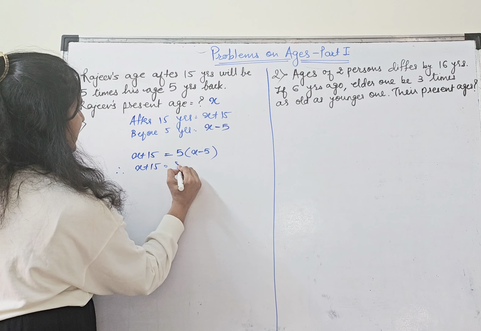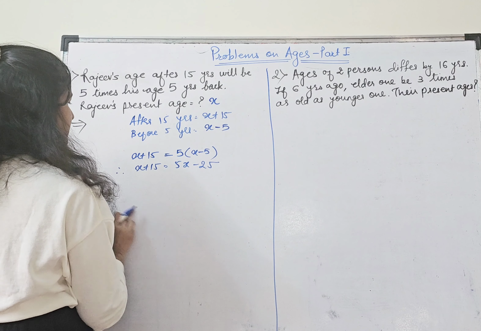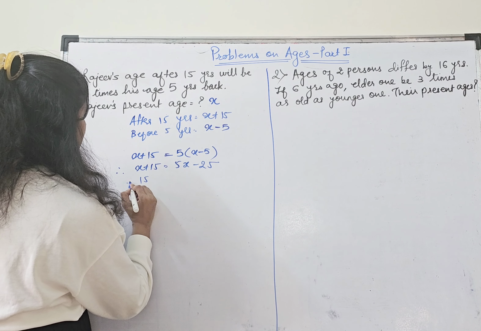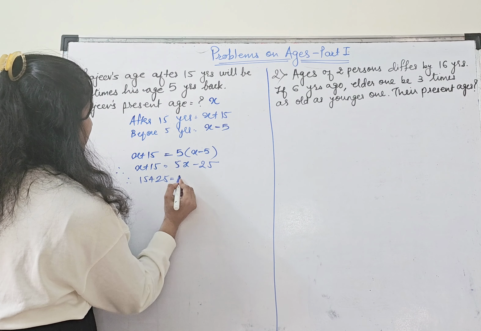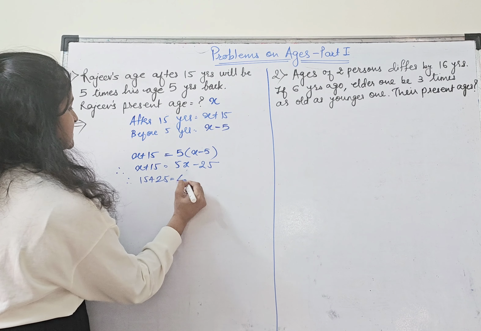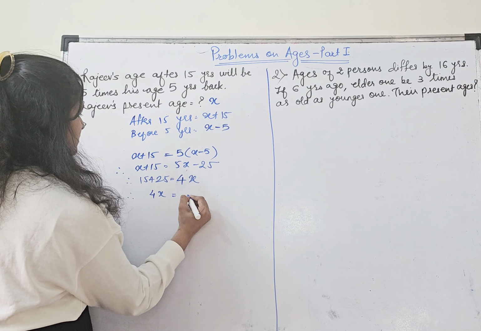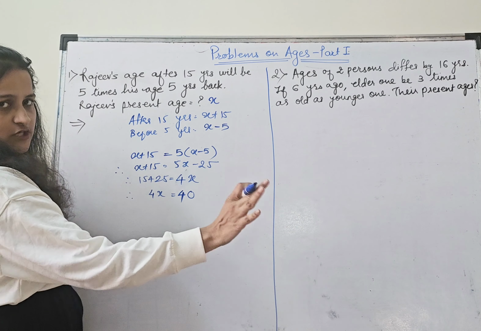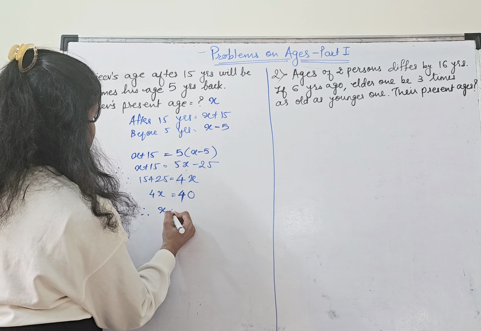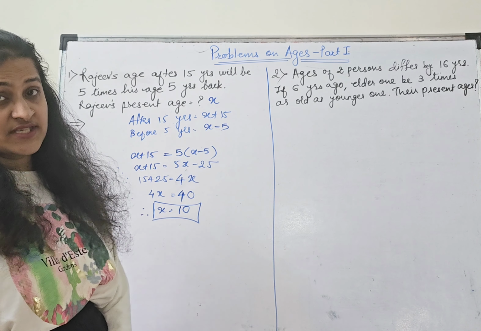This is going to be 5x minus 25. Now take this x here, take this 25 here. So 15 plus 25 equals to 5x minus x. 5x minus x is 4x. Correct? Therefore 4x is equal to 40 and therefore x is equal to 10. Correct? So Rajiv's present age is 10.